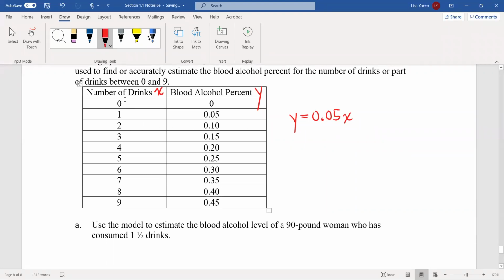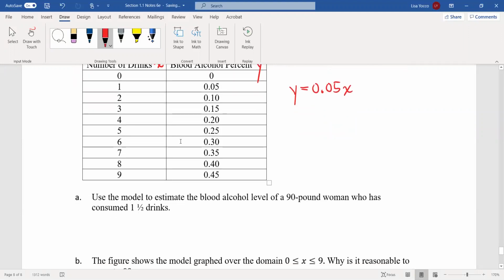So we can see in the table for number of drinks between 0 and 9. But if we use the model, so here's the model, use the model to estimate the blood alcohol level for a 90-pound woman who has consumed 1.5 drinks.